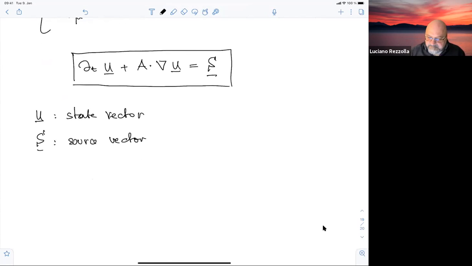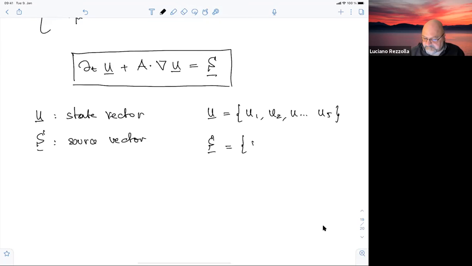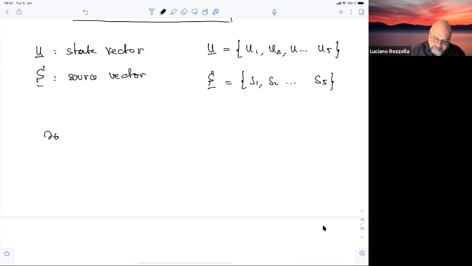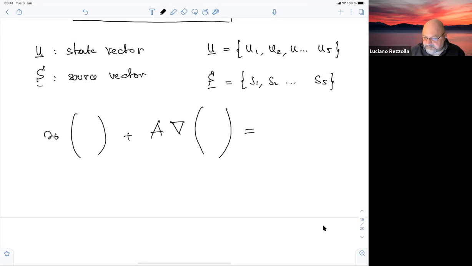And of course, you will have certain components. In our specific case, we'll have five components, u1, u2, u3 and so on, u5. And so s will be s1, s2, s5. So you have to think that this would be dt of a vector plus something which is obviously a matrix times the divergence of the same vector, is equal to another vector.